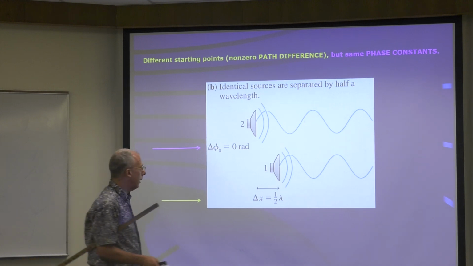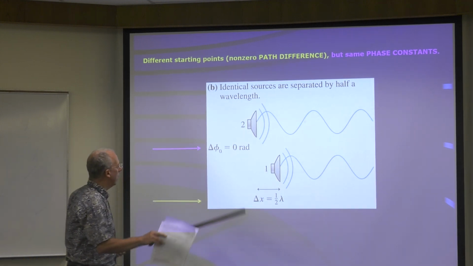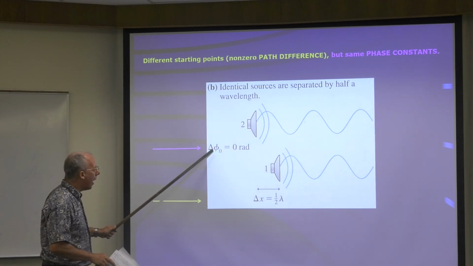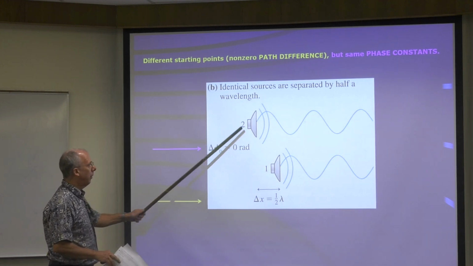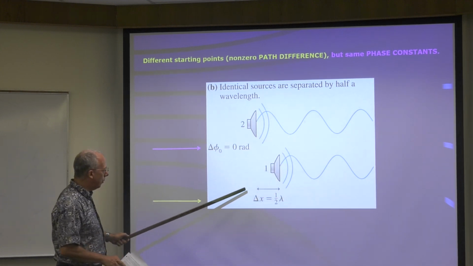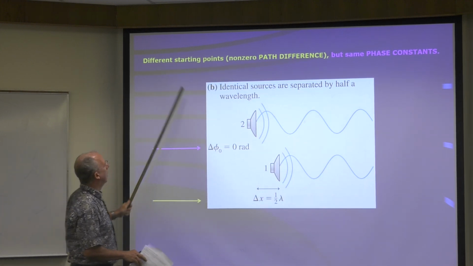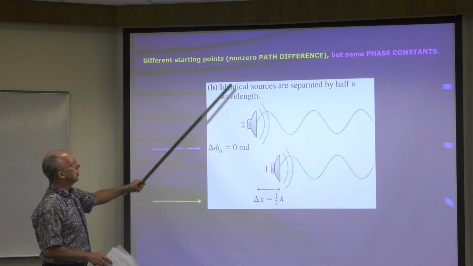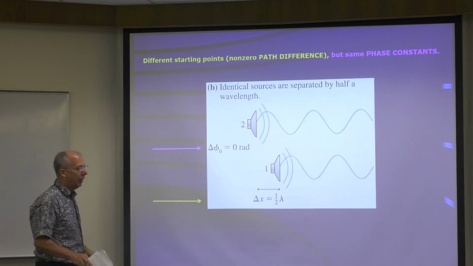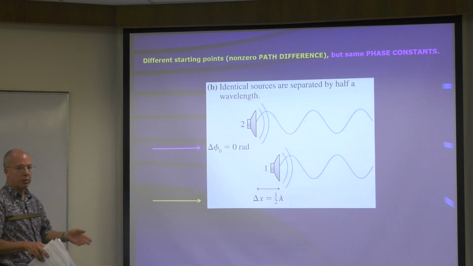Destructive interference, right? Okay, so for this one, there's no phase constant difference, because they both start out exactly the same, both sine waves. But we introduced a path difference, different starting points, so non-zero path difference, right? Okay, so that's another way we can introduce a phase difference.